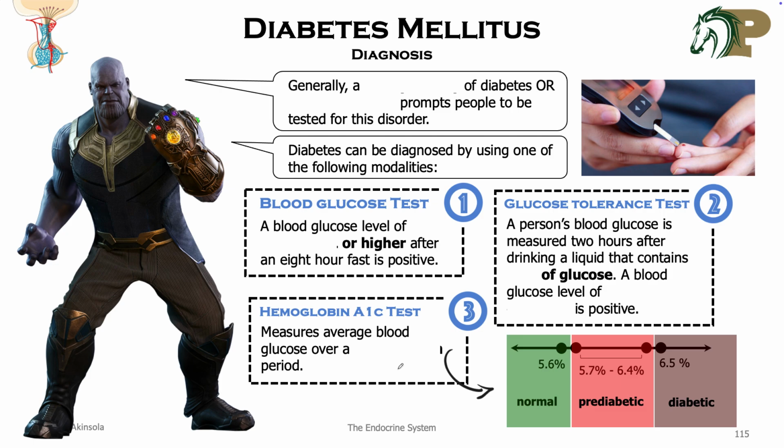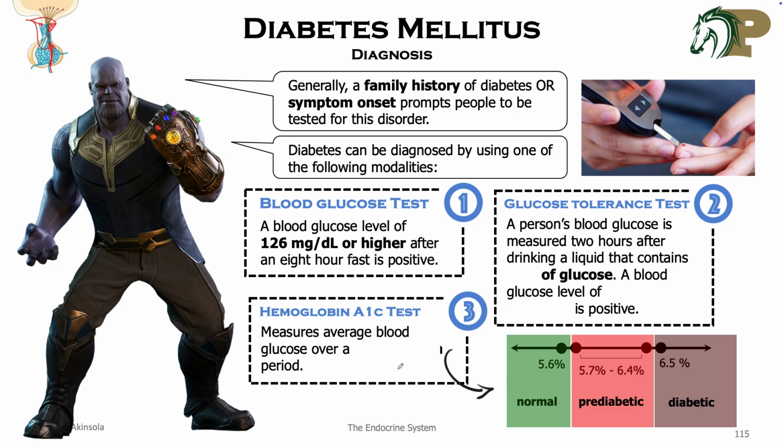Diagnosis for diabetes. Generally, a family history of diabetes or symptom onset prompts people to be tested for this disorder. Diabetes can be diagnosed by using one of the following modalities. Okay? So number one, we have the blood glucose test, which is where we have a blood glucose level of 126 milligrams per deciliter or higher after an 8-hour fast.